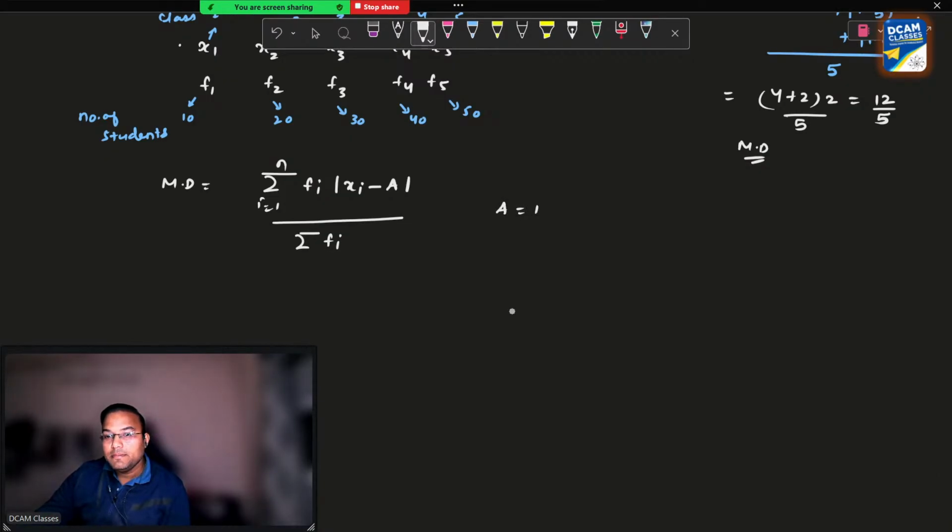Here a can be the mean or median depending on what the question asks. For example, how do we calculate it? I'll tell you how to calculate the mean also, for Kanishka. The mean is given by sigma fi xi by sigma fi. That's the mean.